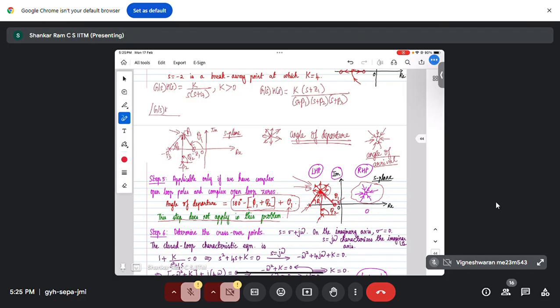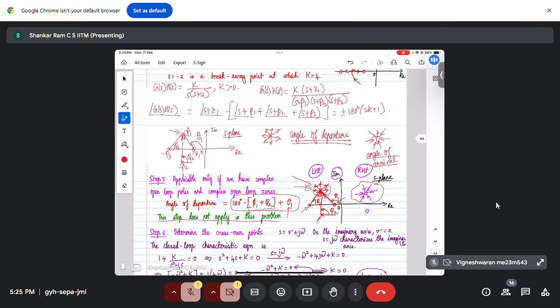It should be: angle of (S plus Z1) minus angle of (S plus P1) minus angle of (S plus P2) minus angle of (S plus P3) should be equal to plus or minus 180 degrees times (2K plus 1).